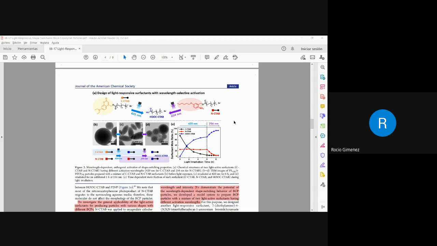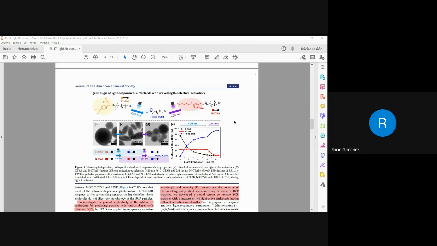They monitored the wavelength-triggered shape change of the particles that contain the mixture of NC-tab and CC-tab surfactants at a molar ratio of 1:3. As expected, the particles were initially spherical with the photocleavable group on the outer layer. Irradiation at 420 nanometers led to the transformation of the particle shape from spheres to onion-like morphology to spheroids with stacked lamellar morphology.